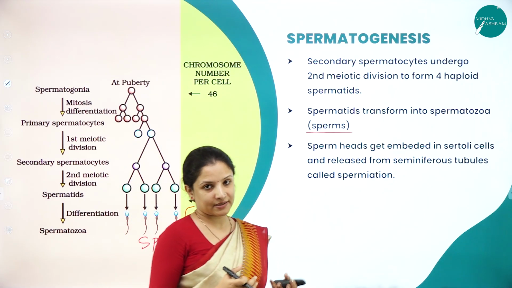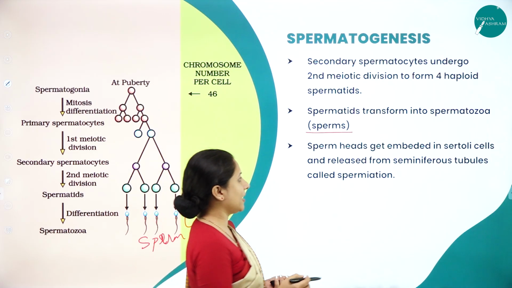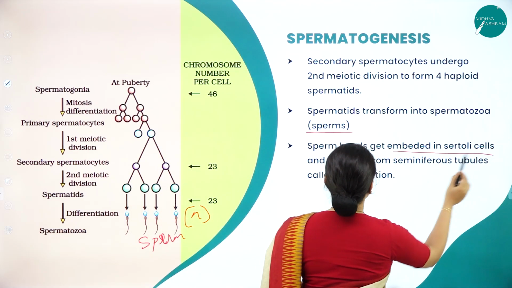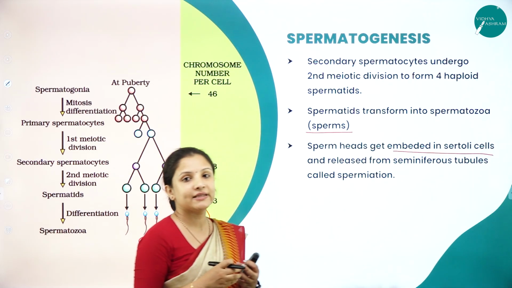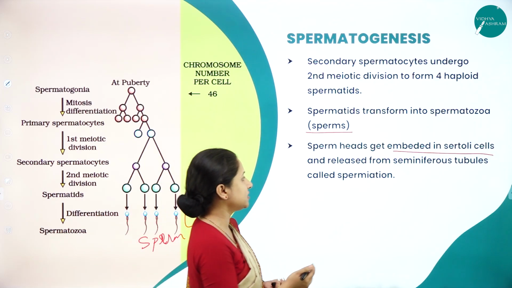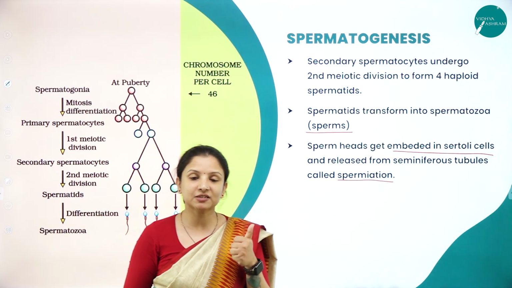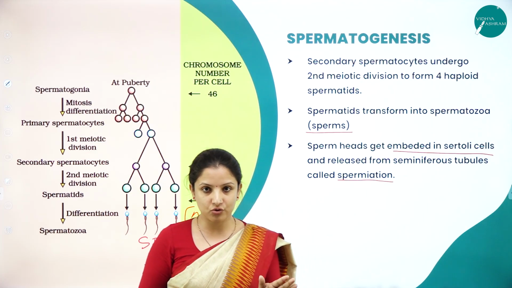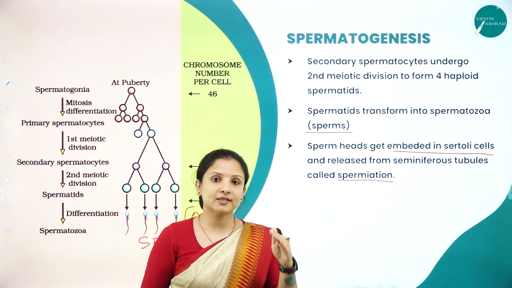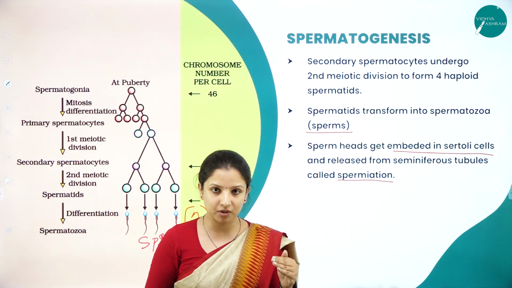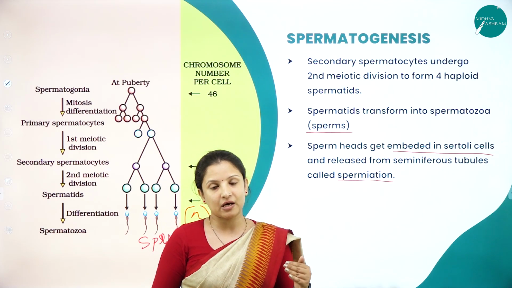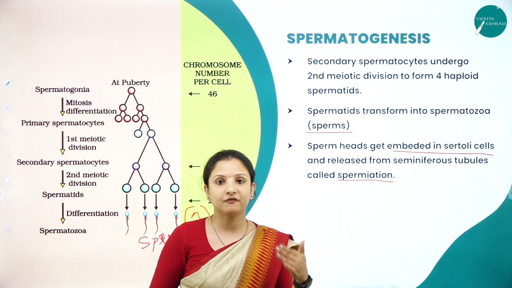Now, the sperm cell head gets embedded in the Sertoli cells and is released from the seminiferous tubules, and this process is called spermiation. There is a difference between spermiation and spermatogenesis. Don't get confused. Spermatogenesis is the formation of the sperms from the spermatogonia present in the seminiferous tubules.